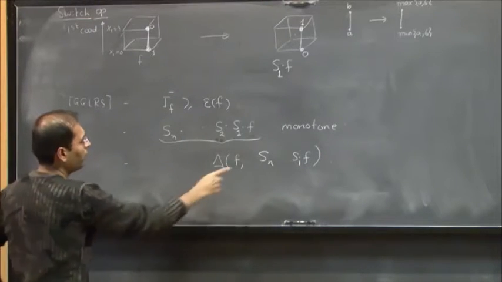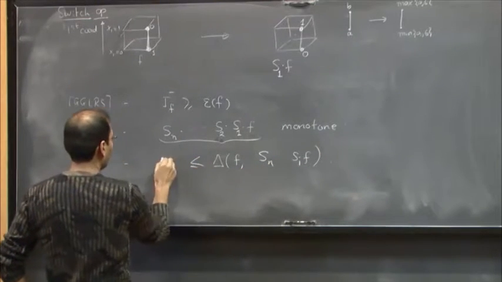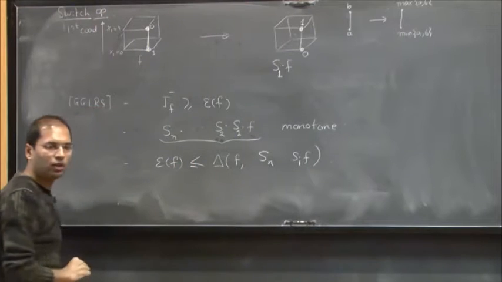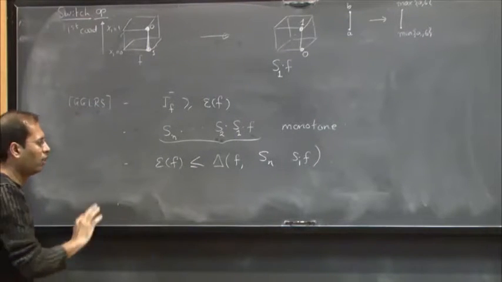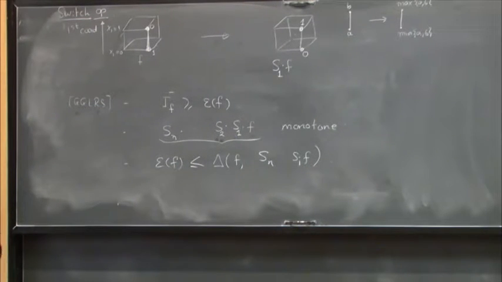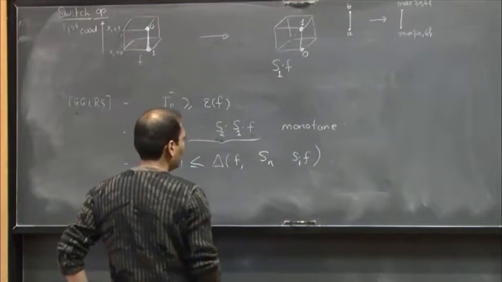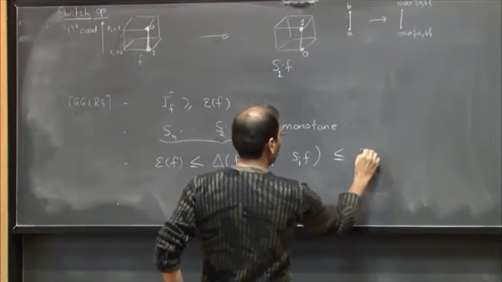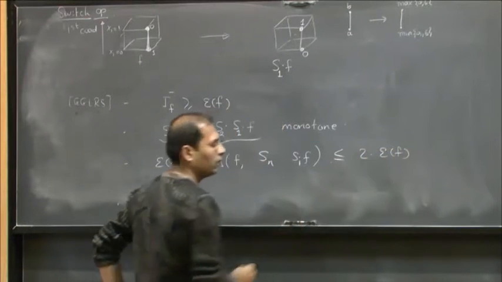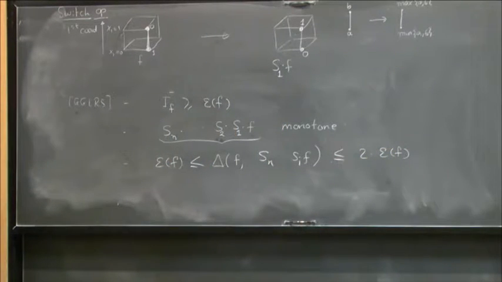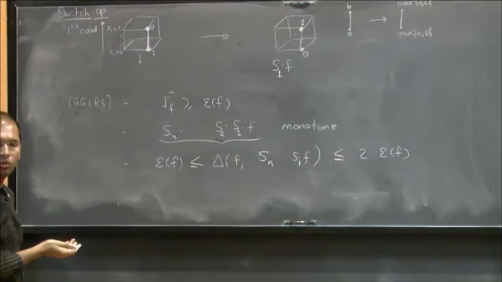Clearly, I made my function monotone, so it must be at least the distance to monotonicity of the function. This is obvious, and then it's quite a remarkable observation that this is at most 2 times the epsilon of f, meaning this is basically the most efficient way of turning a function into a monotone function.